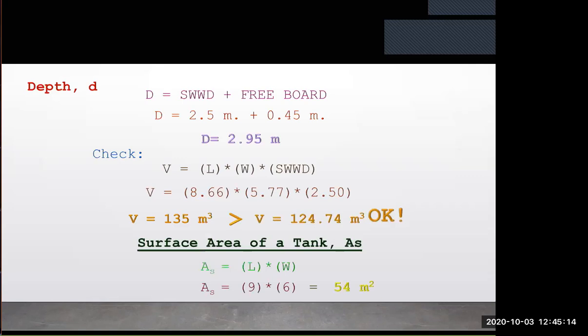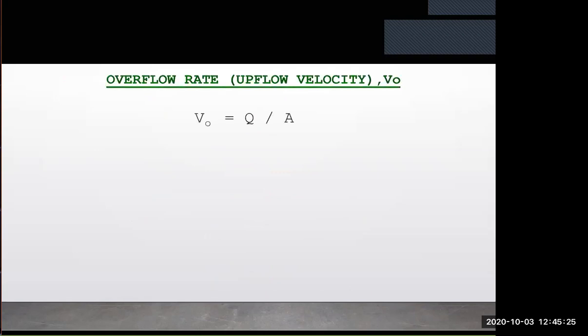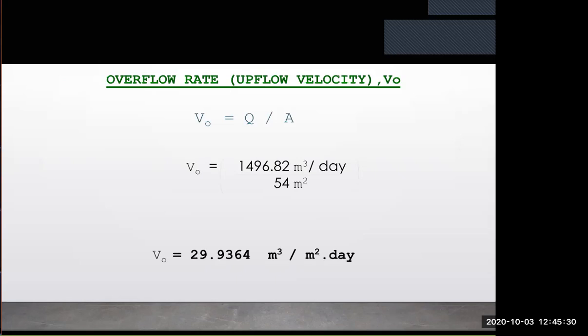Now you have to compare that one when you now draw the locations of your other processes. So your overflow rate is this one. You know that Q is equal to A over V. So you just modify that formula, and then you get the volume equal to 149.82 cubic meters per day divided by the area.